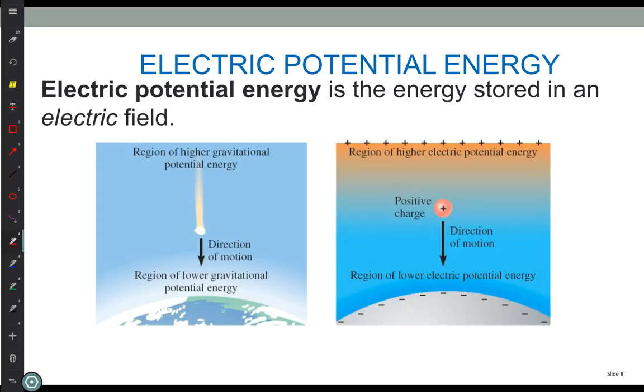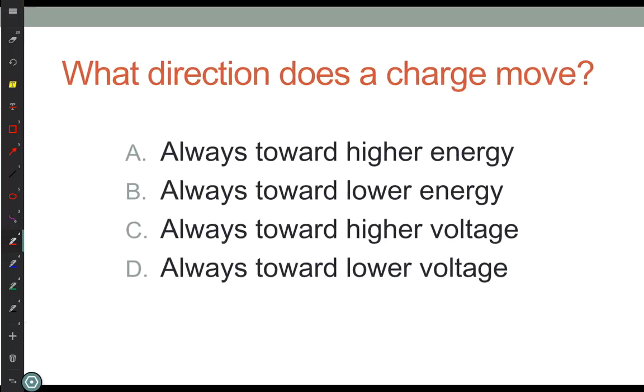So a positive charge will go to negative, a negative charge will go to positive, but both are going to lower potential energy. So the potential energy idea is a useful idea to help us understand how things should move. So, the question I just asked: what direction does a charge move? And when it says energy, that should be potential.